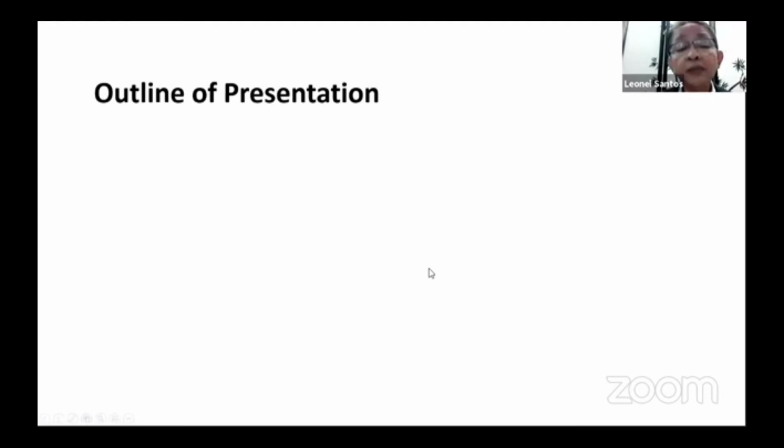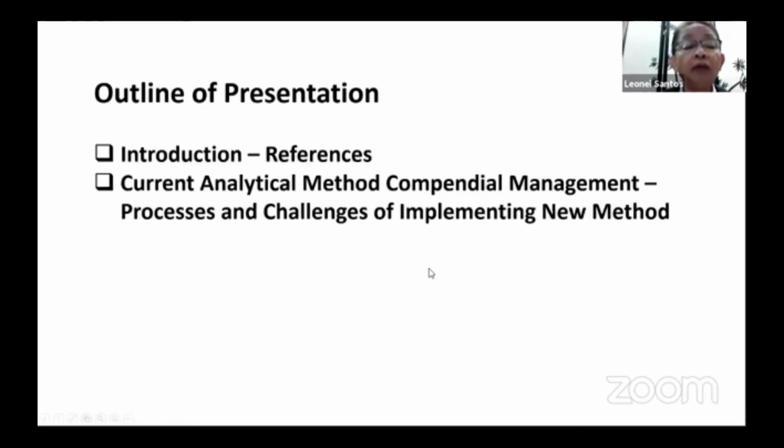In terms of the outline of my presentation, I will first discuss some of the references, because this new proposed general chapter in USP came in as a stimuli article. Before I go into the details of this general chapter, I will provide some background on current analytical method compendial management.